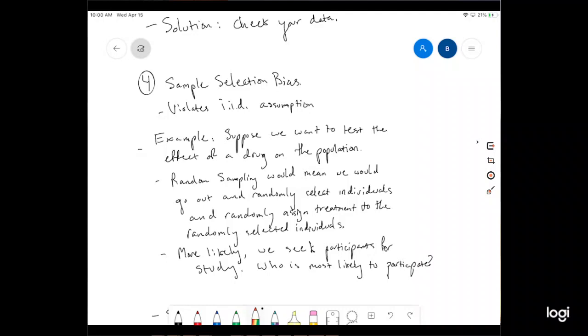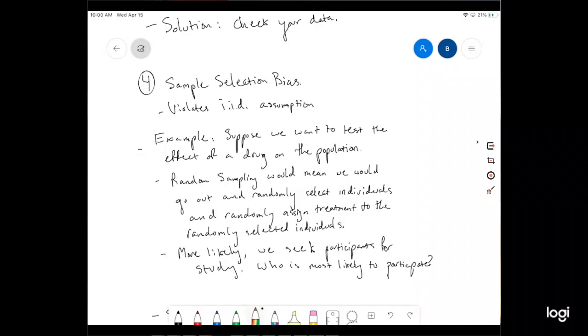But it's more likely we seek participants for a study. We want to figure out, does giving a drug to certain people increase their health or decrease the probability of dying from cancer? What we should do is randomly select people and randomly give those people some of this drug that we're testing.